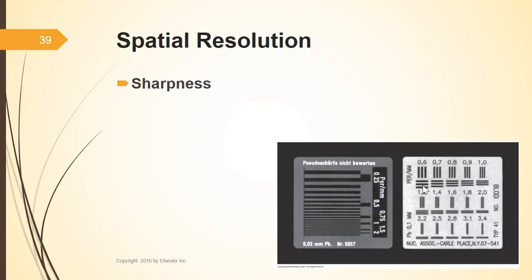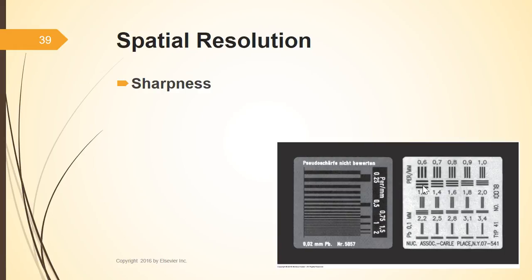This is also known as sharpness, and the two terms are often used interchangeably. So I may say you want a sharper image, or you want better spatial resolution. You want a higher resolution and more sharpness.